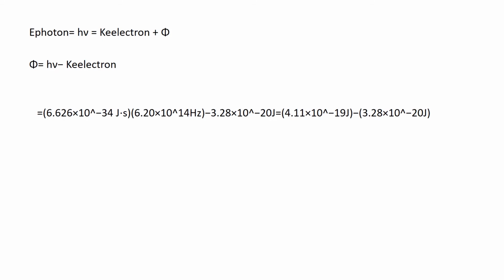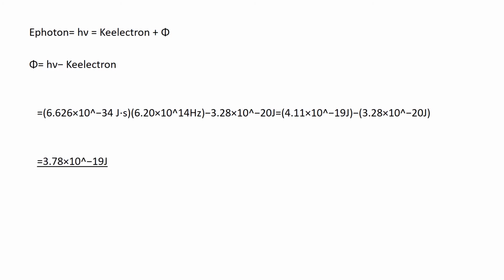So for h, we have 6.626 times 10 to the power of negative 34 joules multiplied by 6.20 times 10 to the power of 14 hertz minus 3.28 times 10 to the power of negative 20 joules. 6.626 times 10 to the power of negative 34 multiplied by 6.20 times 10 to the power of 14 is equal to 4.11 times 10 to the power of negative 19 joule, minus 3.28 times 10 to the power of negative 20 joule.